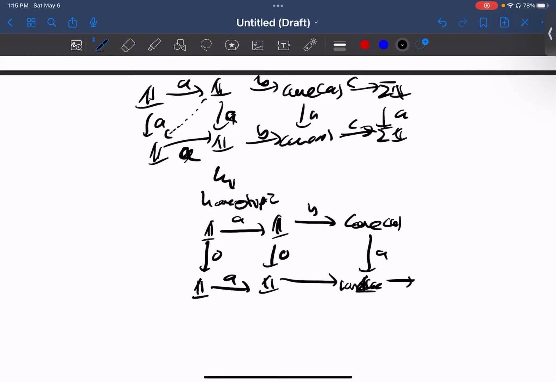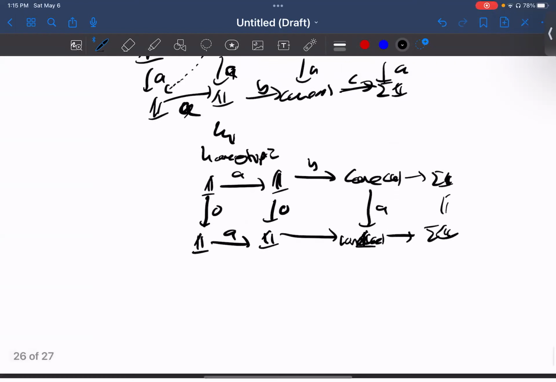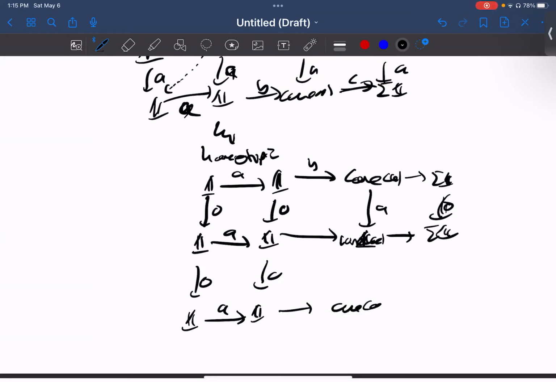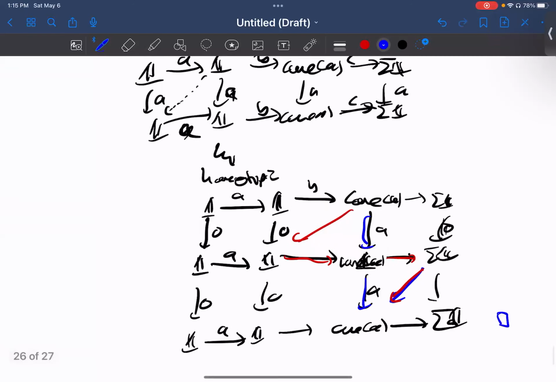This would be kind of A. And then you just do this, append the same diagram, and use the same trick from earlier where you factor this way and this way. So that the red composite is equal to the blue composite, and then the blue composite is 0. All right. Okay, now we're done.